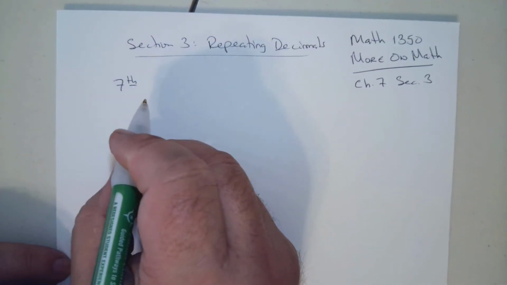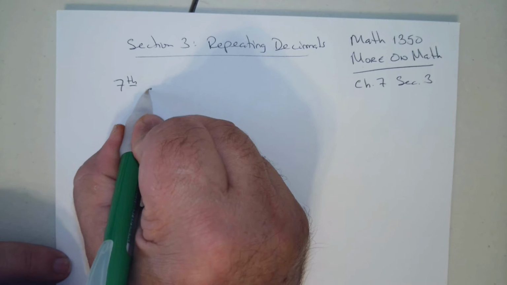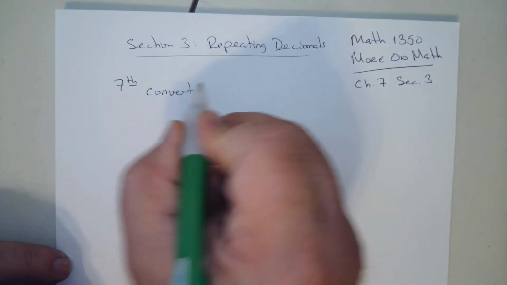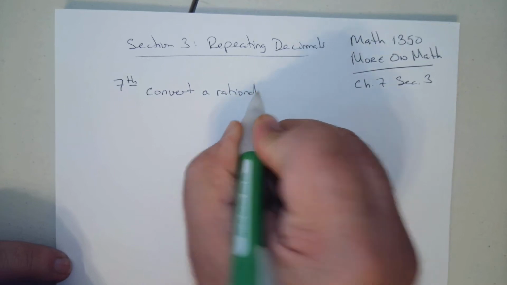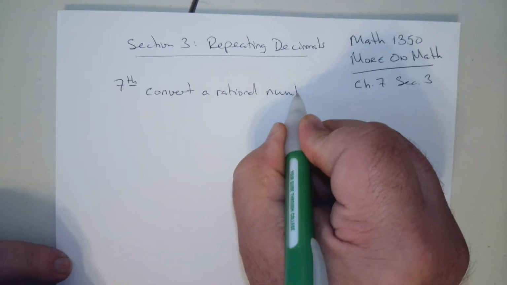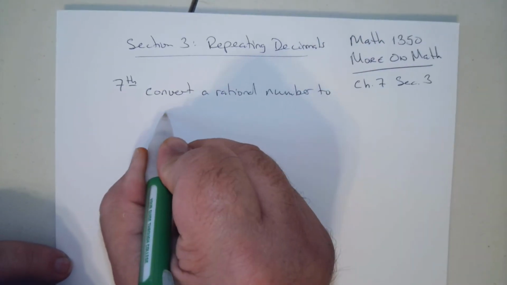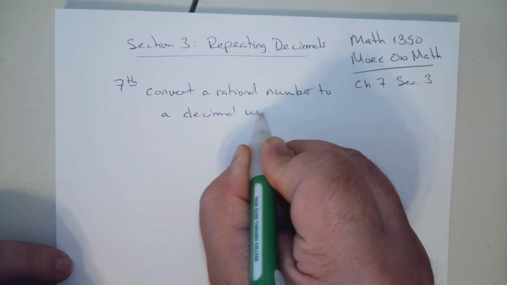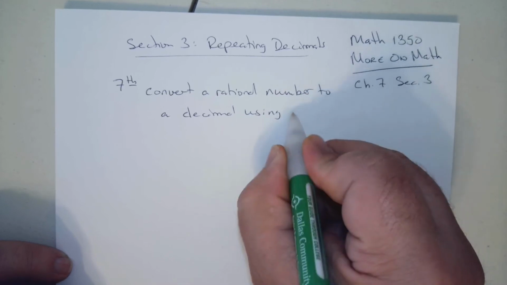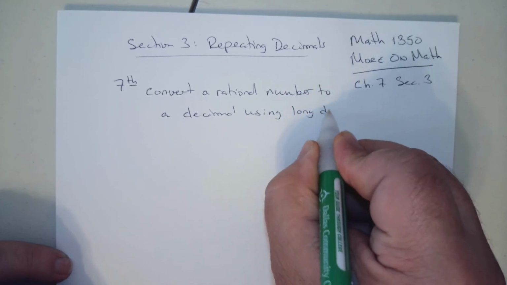By the 7th grade, students should be able to convert a rational number to a decimal by using long division.